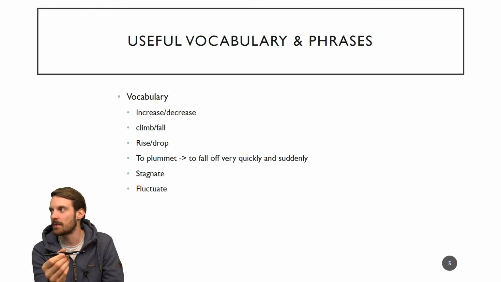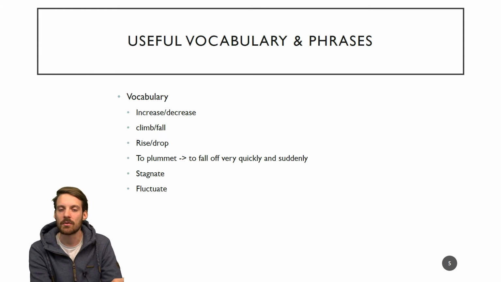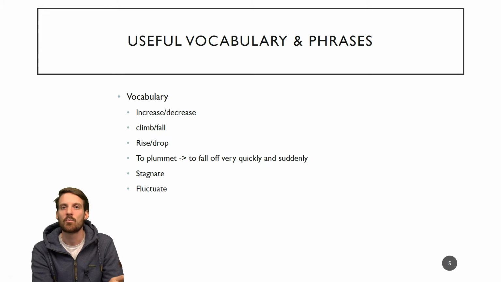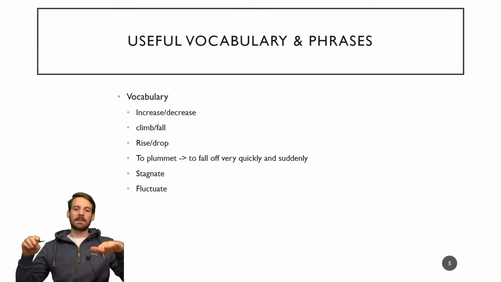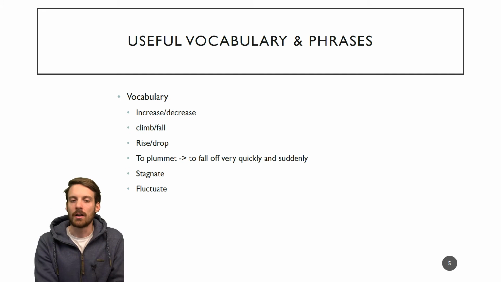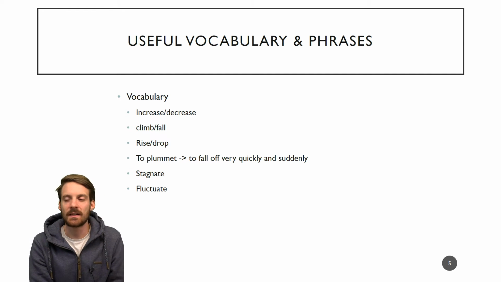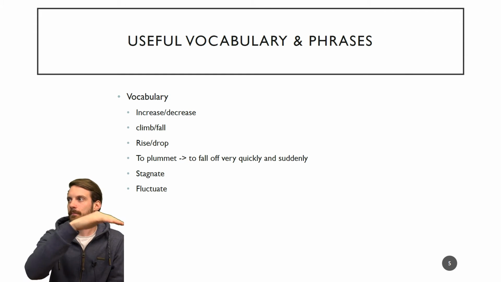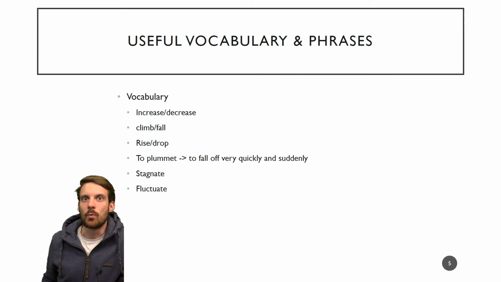It's the same in German. If you know the German word, you are already ahead of the others. Or fluctuate. Fluctuate is basically up and down, but not in a very quick or extensive manner, but very little increase and decrease. So fluctuate is like, imagine waves.